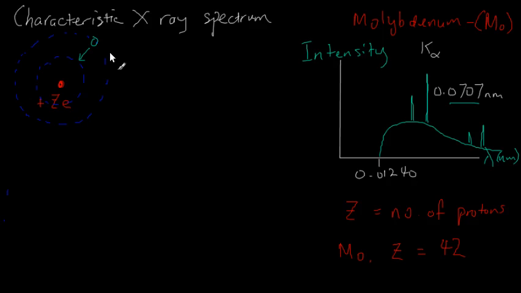But in the very early days, in the 1910s or 20s, a lot of people were still very unsure about what's actually going on, what produces this line, and we should try to understand how we actually know that this transition would correspond to this peak.